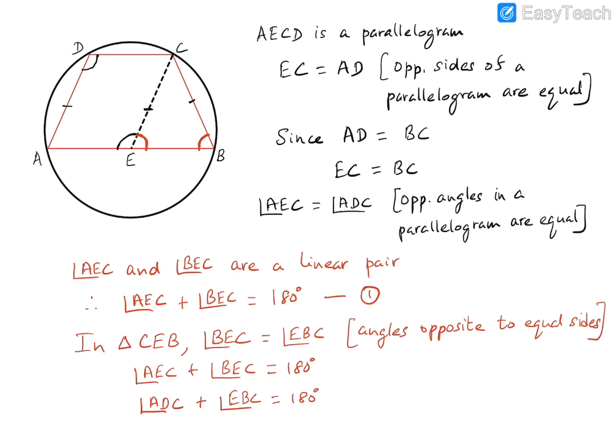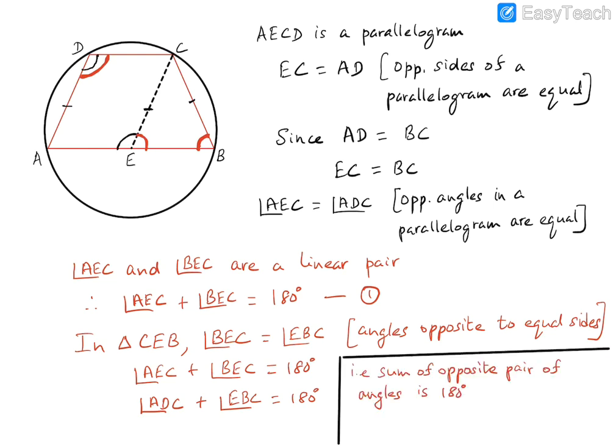So angle ADC is nothing but this angle over here, which we have marked already in black. And the angle EBC is this angle over here. So we have now shown that in this quadrilateral ABCD, we have a sum of opposite pair of angles to be 180 degrees. And since the sum of the opposite pair of angles is 180 degrees, we can now state that ABCD is cyclic, because for a quadrilateral to be cyclic, the property that has to be satisfied is that the sum of the opposite pair of angles is 180 degrees.